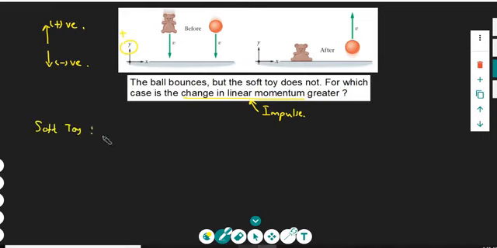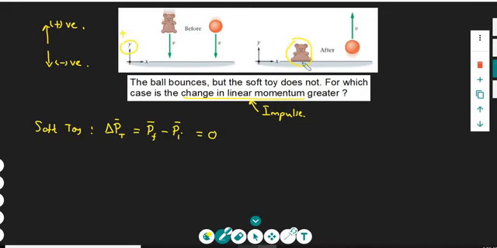For the soft toy, I'm going to consider the change in linear momentum. Change in linear momentum for the soft toy, let me call that ΔP_T, is equal to final linear momentum minus the initial linear momentum for the toy. The final linear momentum is 0 for the soft toy because it is at rest.